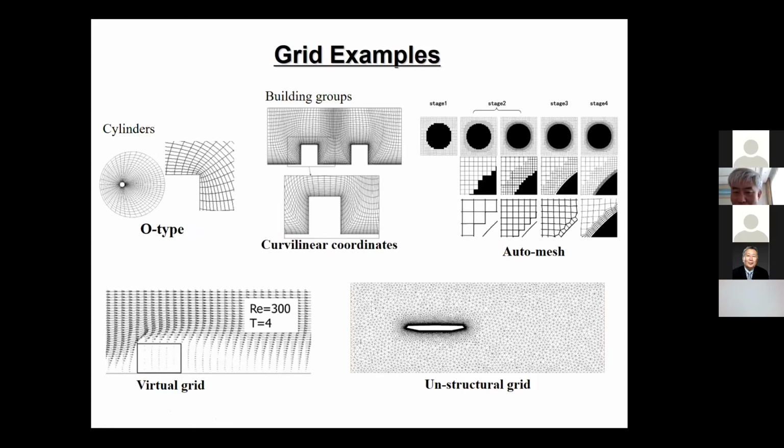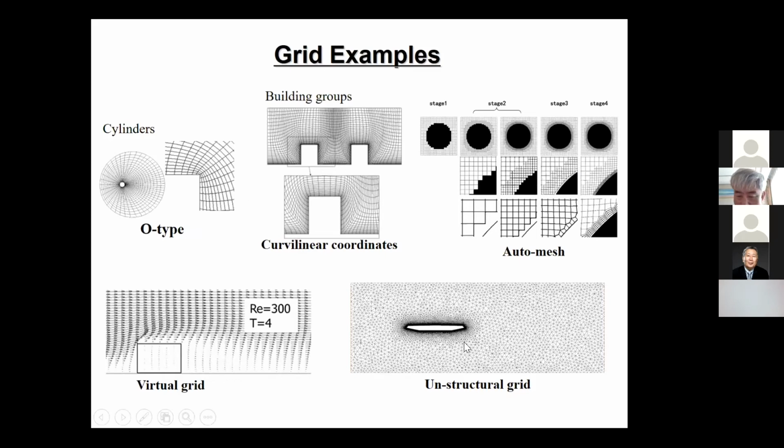And this one is an auto mesh. We use a Cartesian grid outside of the buildings, but near the buildings we have to use body-fitted curved grids, and then connect these two areas. So we have to make an auto mesh to generate a grid system.